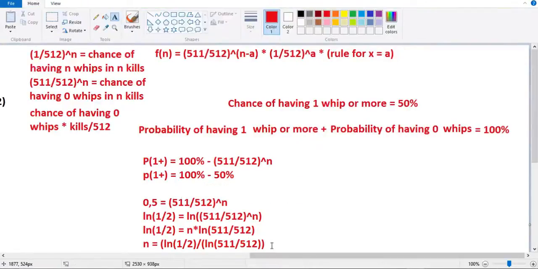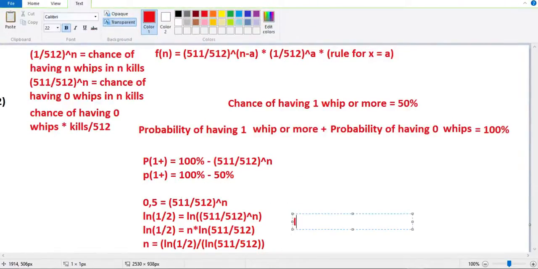Basically, if you do log in base a of x divided by log in base a of y, it's equal to log in base f of x divided by log in base f of y.